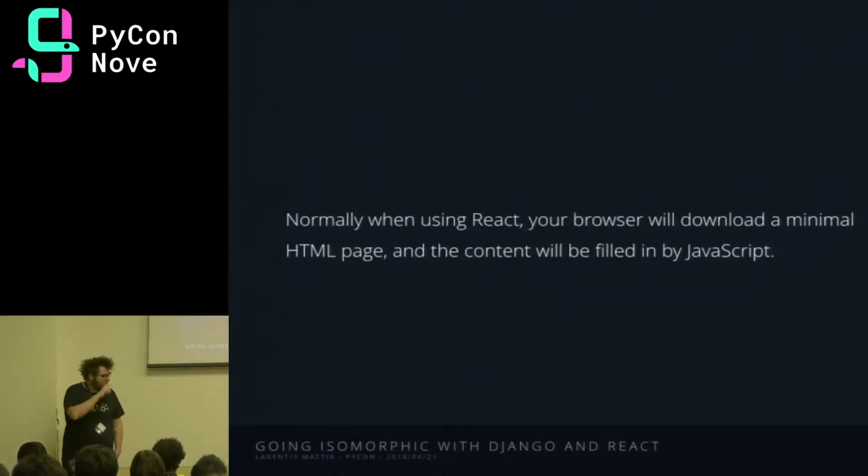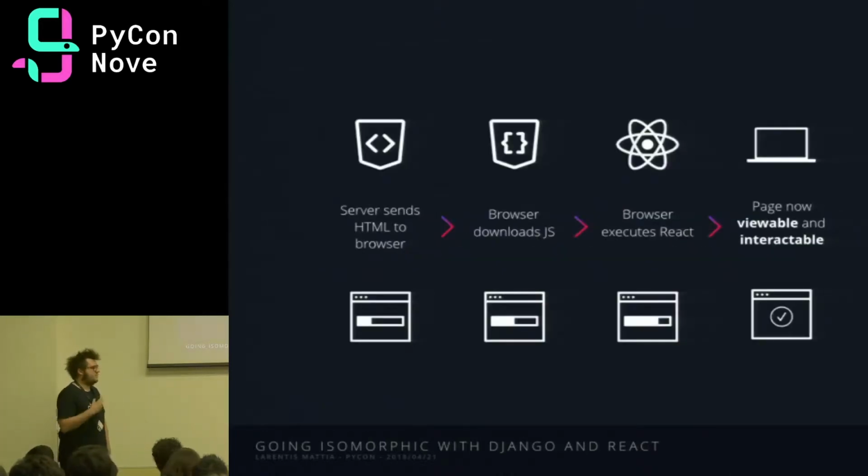So basically, this is how a normal React application works. A user asks for a page via the browser. The server says, oh, okay, a new request, and sends the user the plain HTML. The browser reads the response and says, okay, I have to download React, I have to download the JavaScript.